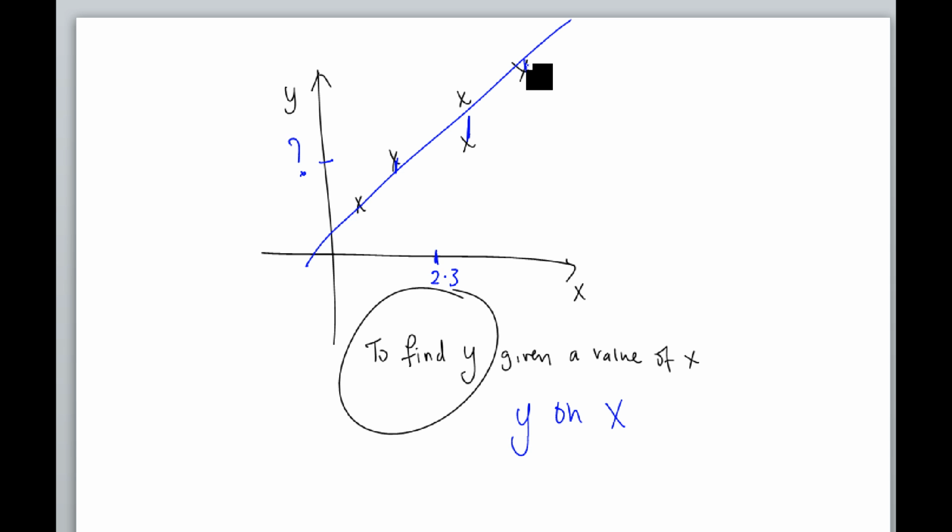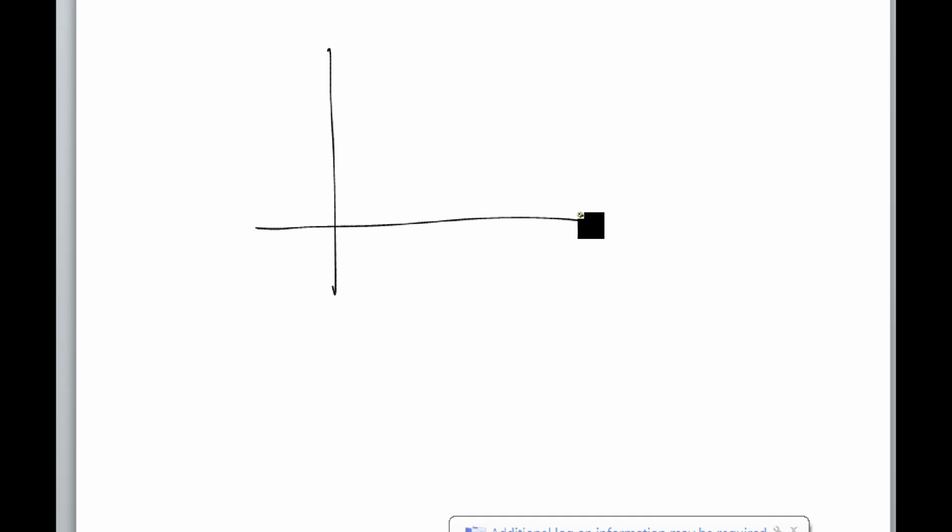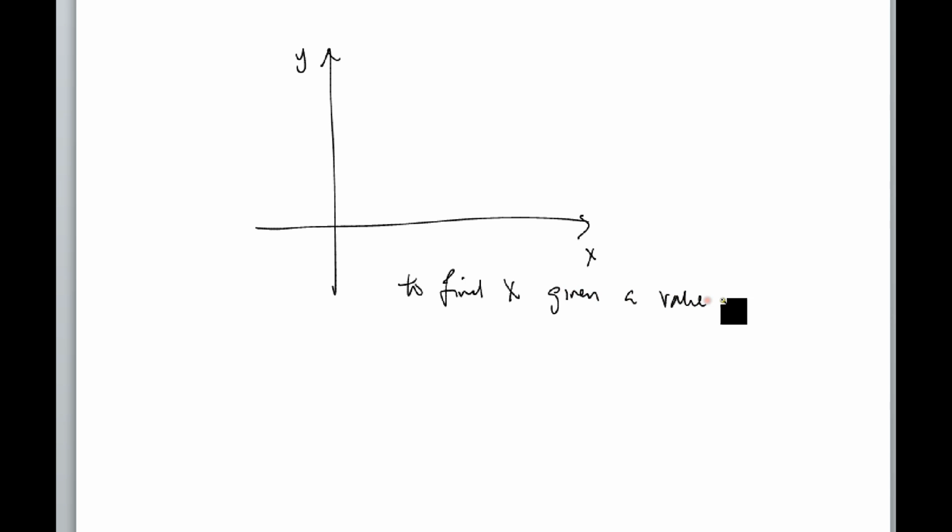Now, this is the first case that we talked about earlier, right? Now if I want to find x given a value of y, that means you are given y, that means 3.8, what is your x?